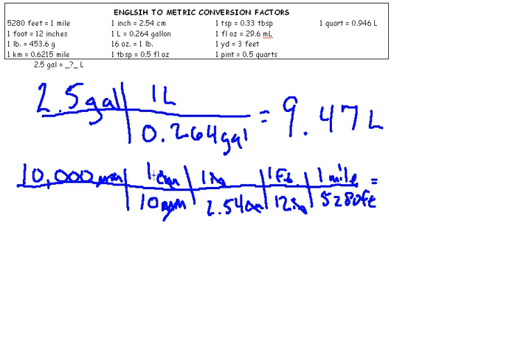Now to solve this problem, you can multiply everything across the top. In this case, we've got 10,000 times 1 times 1 times 1. So this would give us 10,000 over. We're going to multiply everything across the bottom. So 10 times 2.54 times 12 times 5,280.